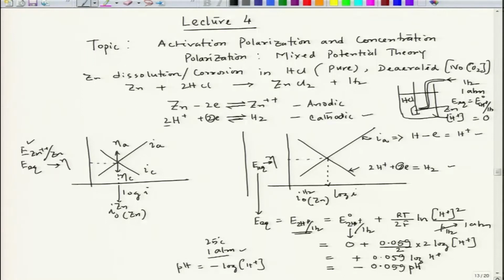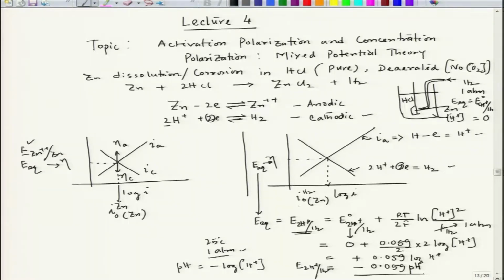But if this H plus ion concentration has some value other than 1, then it can have an equilibrium potential value related to this equation, which is E 2H plus H2, fine. And since it is happening on the zinc surface, we are taking a zinc electrode.